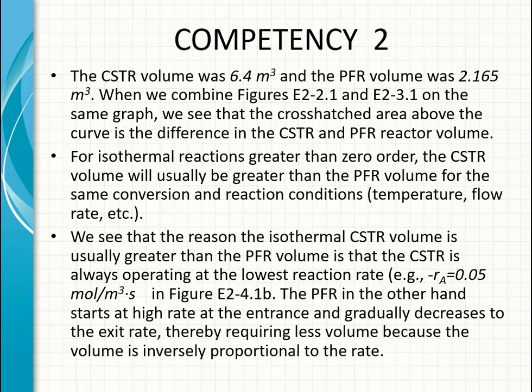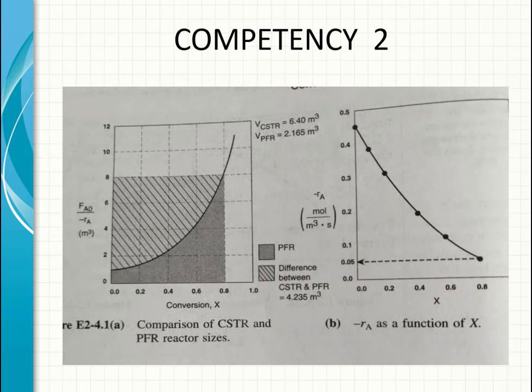So let's see these figures. And here we have the comparison of CSTR and PFR reactor sizes. But we must remember that for the CSTR, the volume was the rectangle with a height of 8 and base of 0.8, so that was 6,400 liters or 6.4 cubic meters.